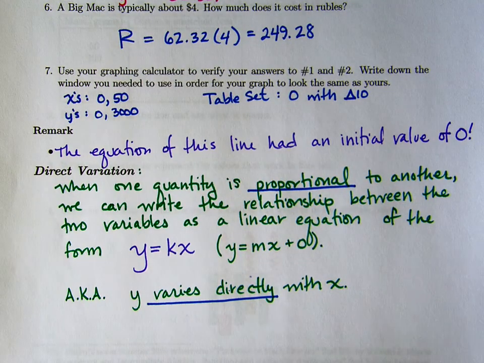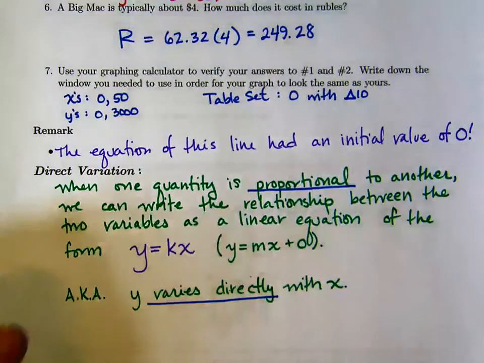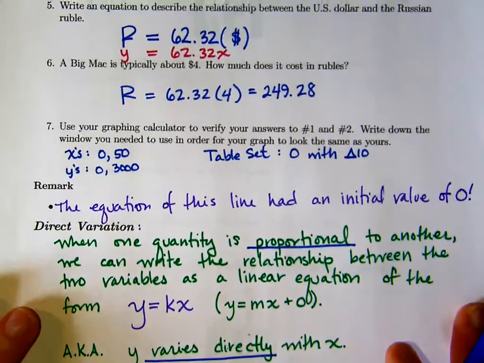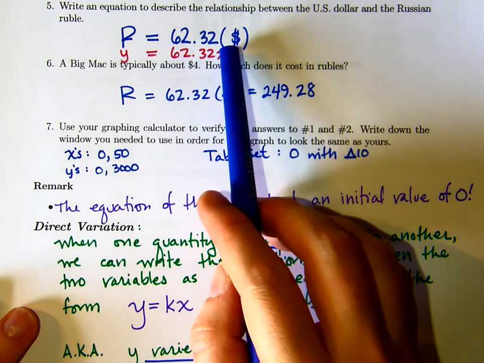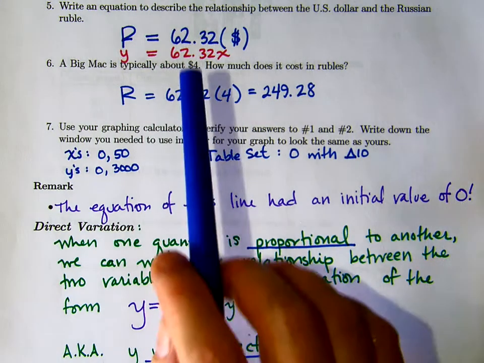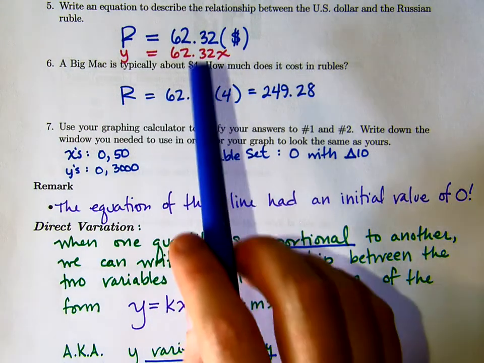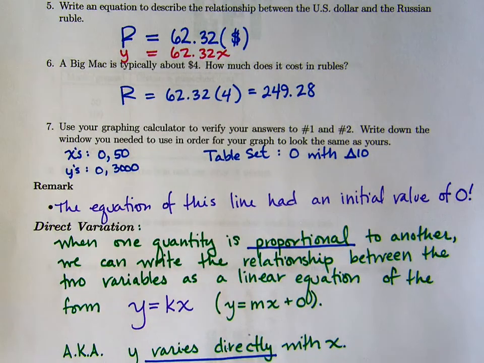Okay, and I want you to just think about this a little bit. That was kind of like the fact that the number of rubles was proportionate to how many US dollars there were. And how when we set up our equation, our conversion was just this constant, and that constant was just our exchange rate or our conversion rate or our conversion ratio.